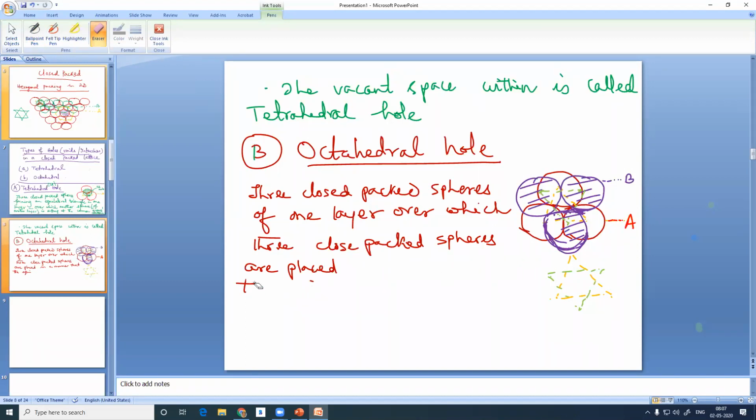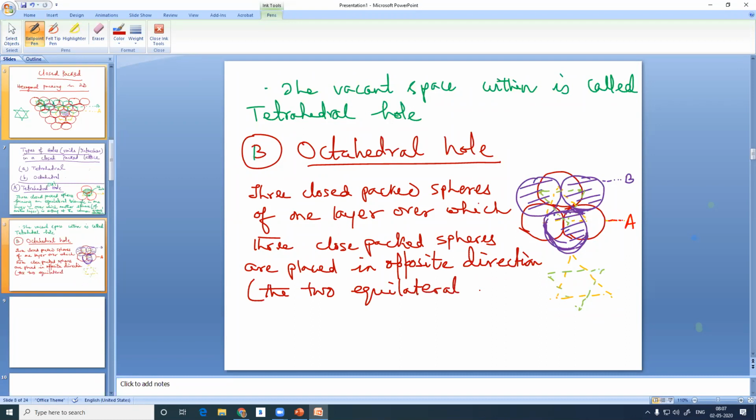I'm not writing forming an equilateral triangle; obviously, close-packed means equilateral triangle. That means the 2 equilateral triangles lie in opposite directions.